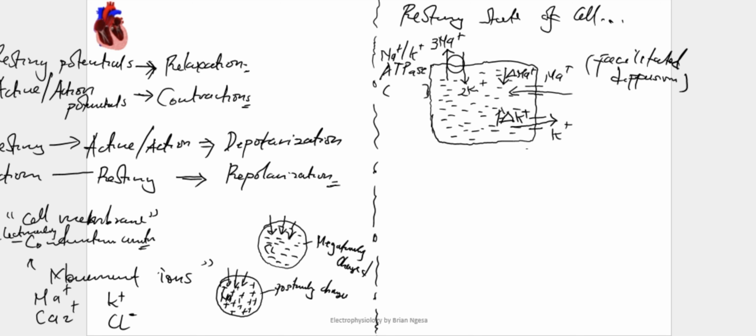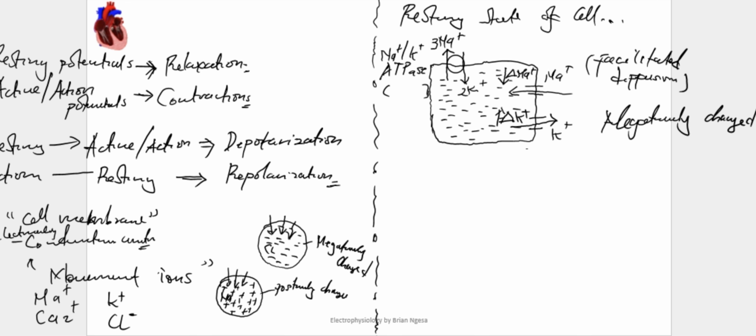And it is good to note this. When the cell is resting, you can actually see the type of charge that it will be possessing. So for example, we've been able to see that when the cell is resting, it will have some negative charge, or it will be negatively charged.